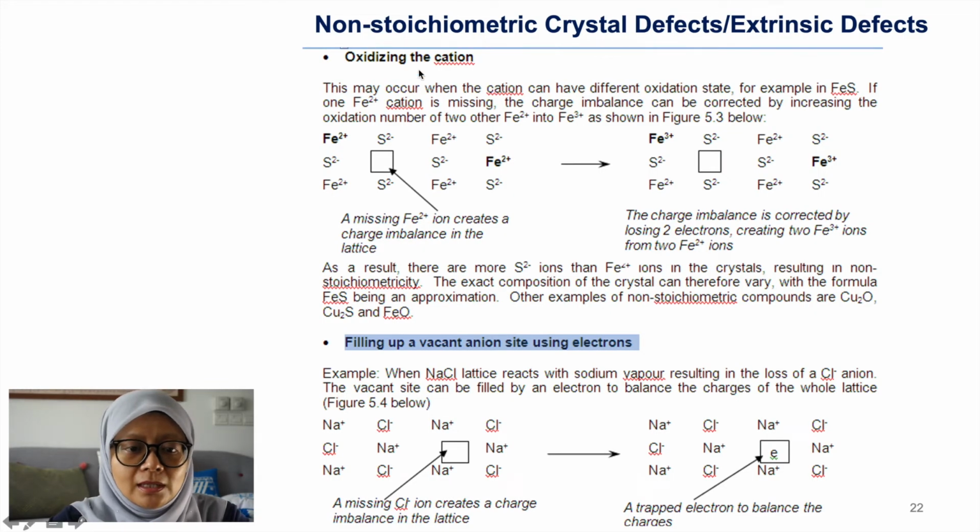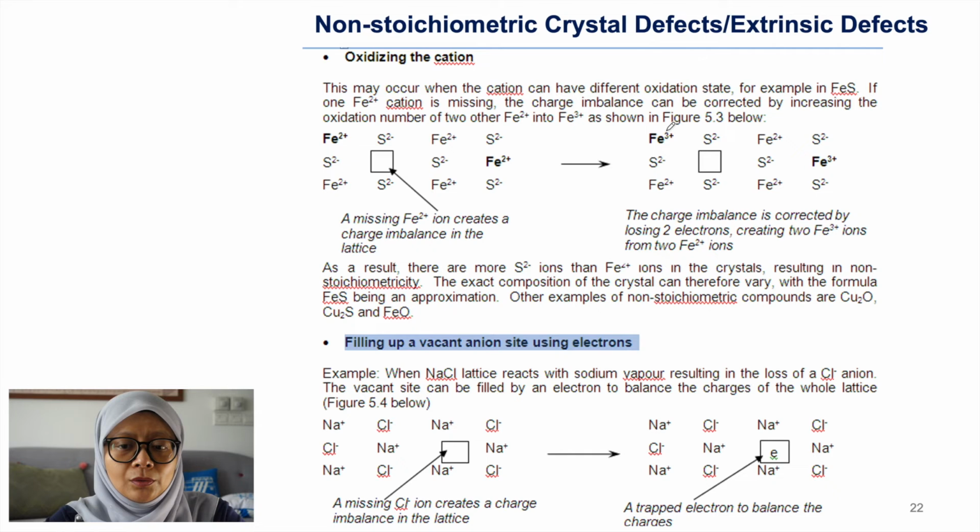And last but not least, we have the non-stoichiometric crystal defects, or extrinsic defects, where the factors come from the outside. The first is oxidizing the cation. It happens to metals that can have a few different oxidation states, for example iron, which can be positive 2 or positive 3.